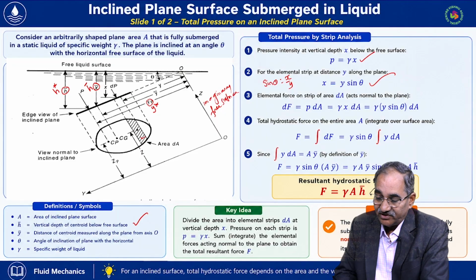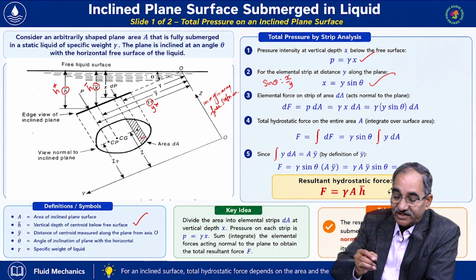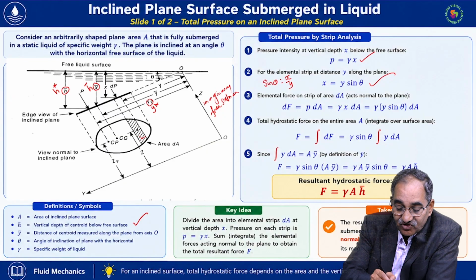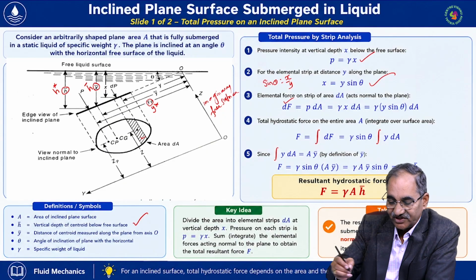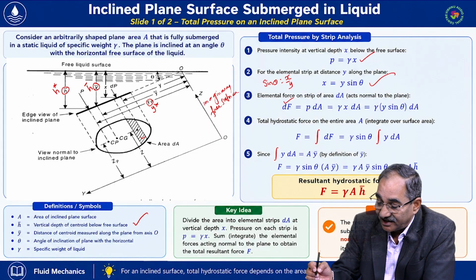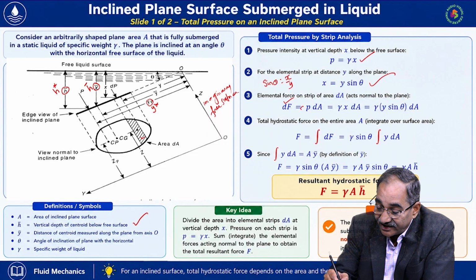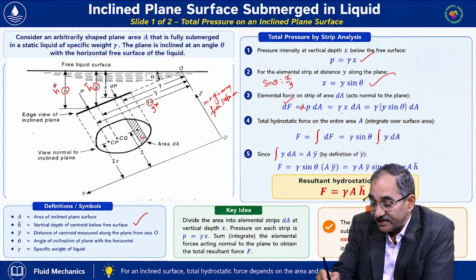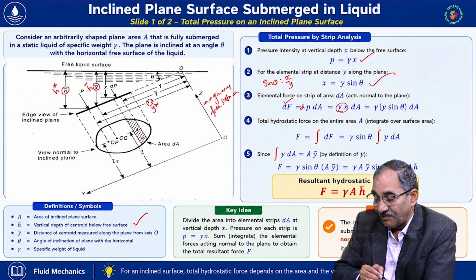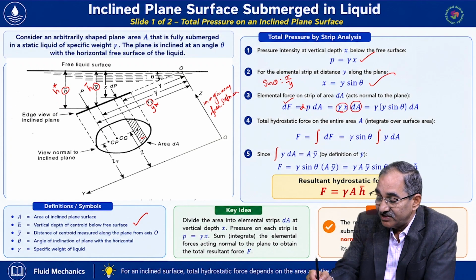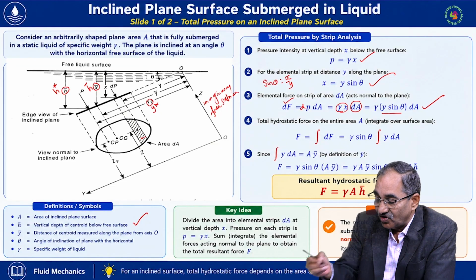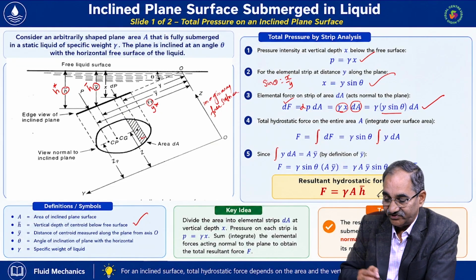Now let me go into the derivation part. What is the elementary force on this strip? If dF is the elementary force, it is dP into dA, where dP is gamma x, so dF is gamma x dA. Since x is equal to y sine theta, dF is gamma into y sine theta into dA.